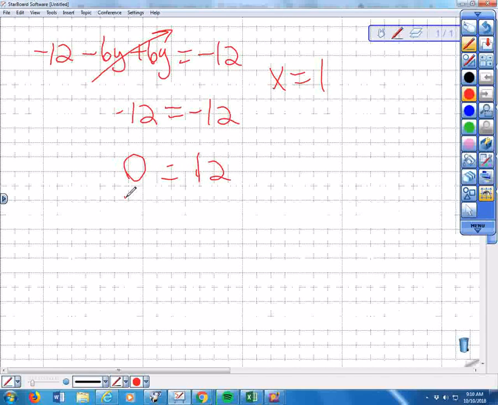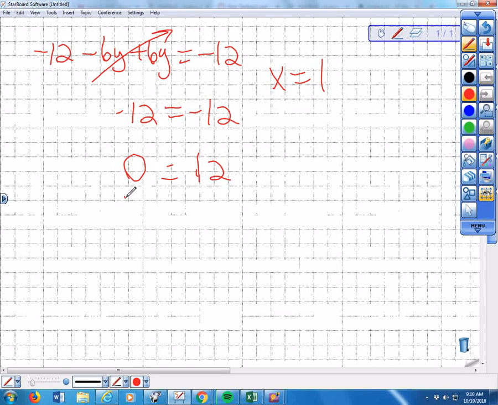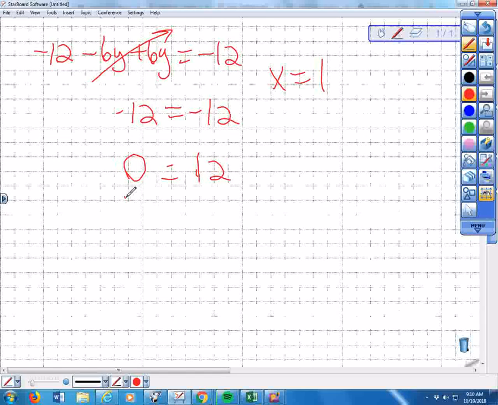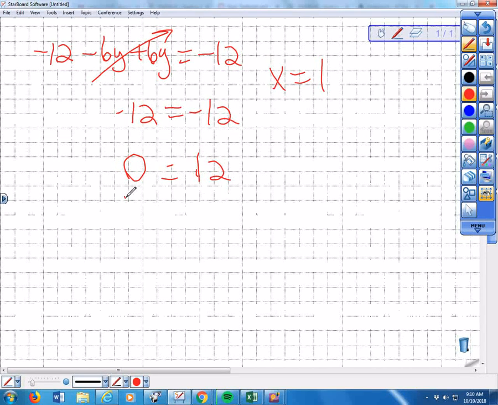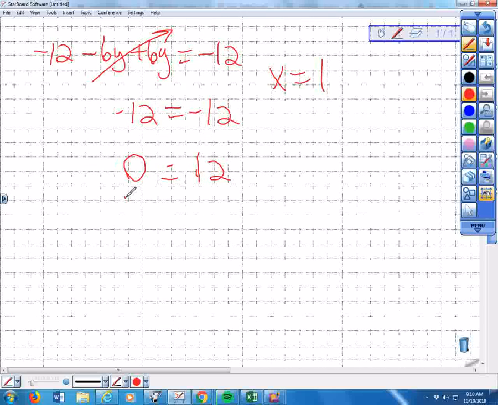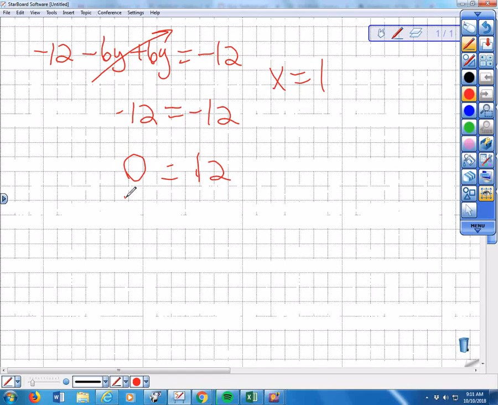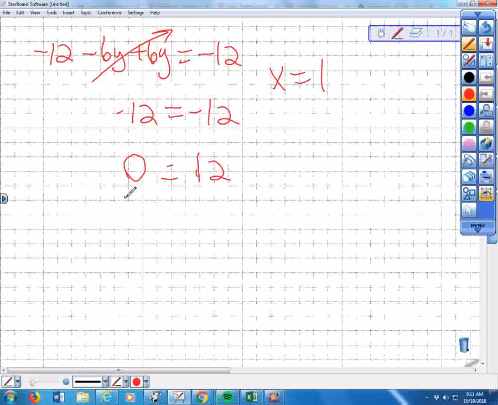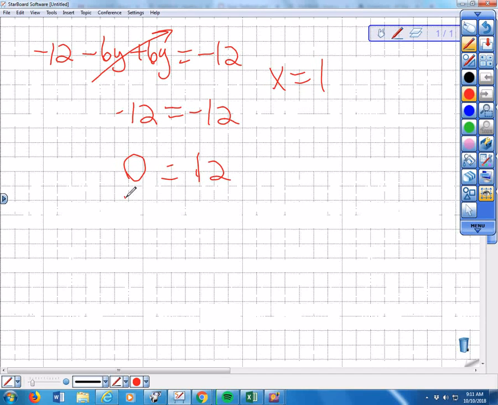So those two lines that I started with have the same slope, but a different y-intercept. And so when I get algebraically an answer at the end that makes no sense, 6 equals 12, that tells me it's no solution, and those lines originally were parallel. And parallel lines are inconsistent because they have no solution, not even one answer.